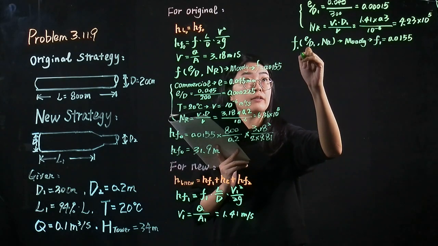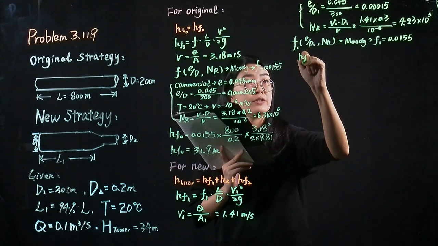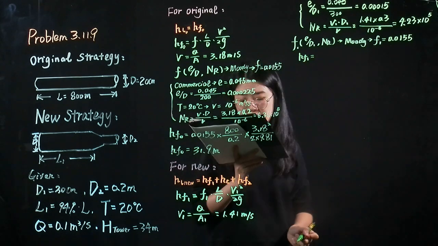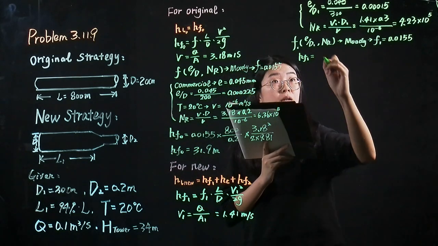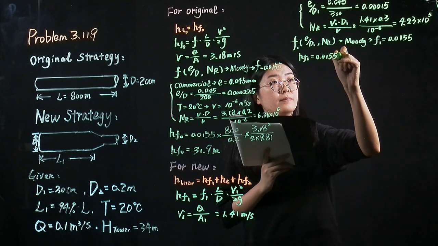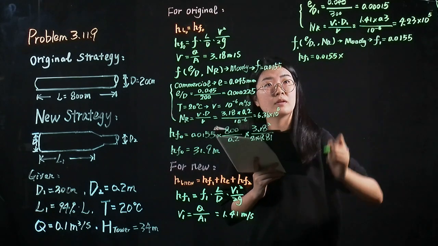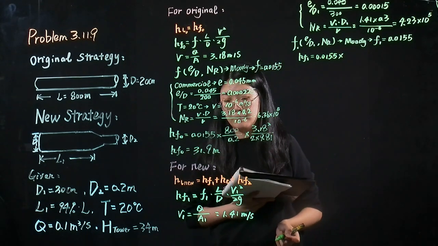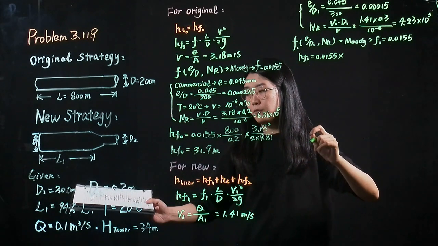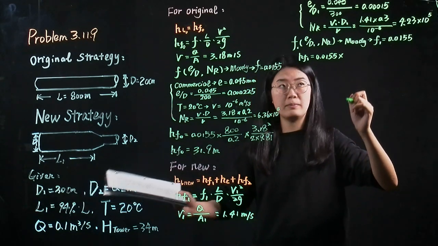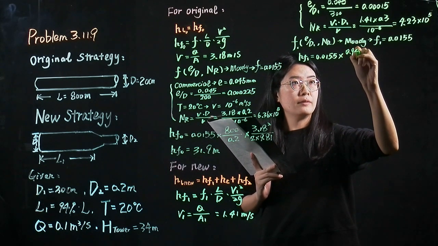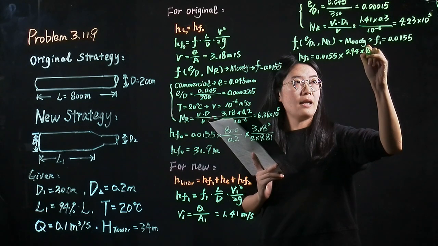And then we can calculate the friction head loss in the first part of this pipe, which is equal to 0.0155 times L, which is 94% of the original pipe, so 0.94 times 800 meter.